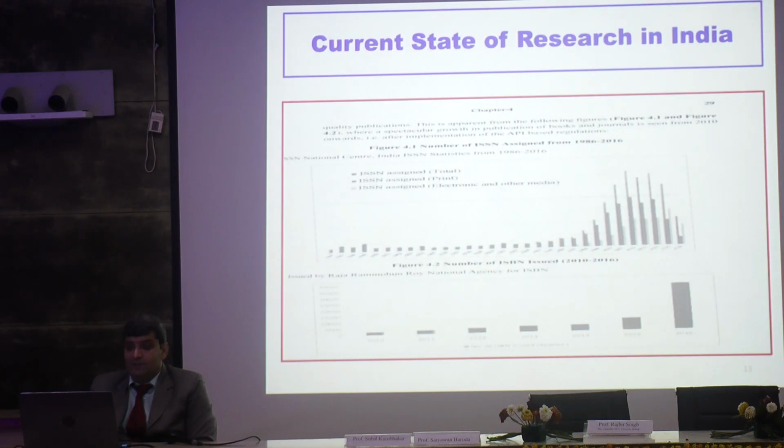Current state of research in India. This diagram has started rising recently, in the last 1.5 decades. The values of the graph were low for the period before 1.5 decades, but after that the value is rising. Around 2010-12, Indian universities started to use the ISSN number as a compulsion. As I have already mentioned, when there is a need for something, many such products come into the market, many substitutes.